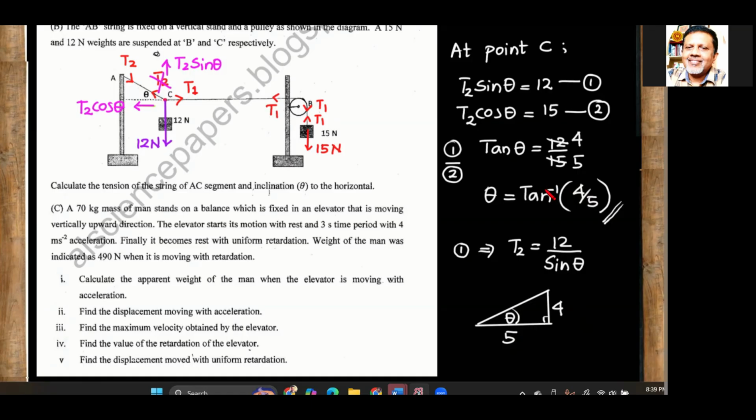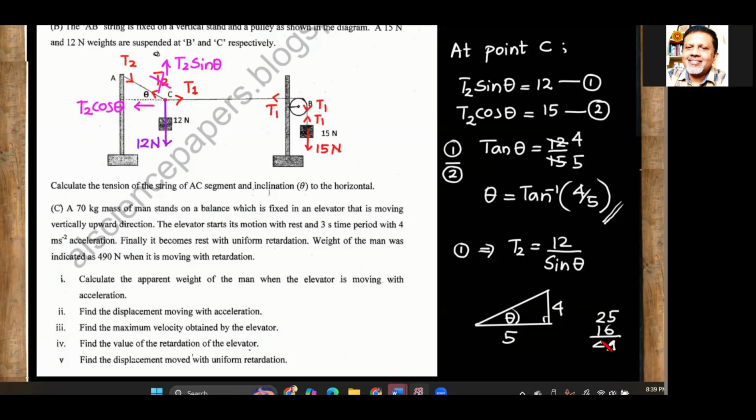Okay. So then the diagonal of this triangle should be equal to 5 squared plus 4 squared, right? 25 and 4 squared means 16.